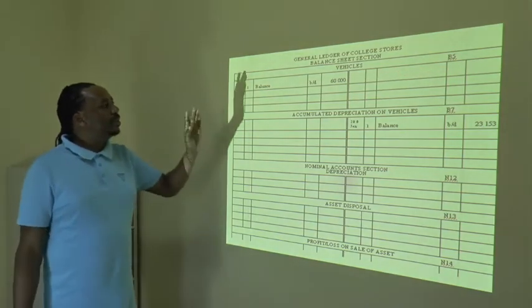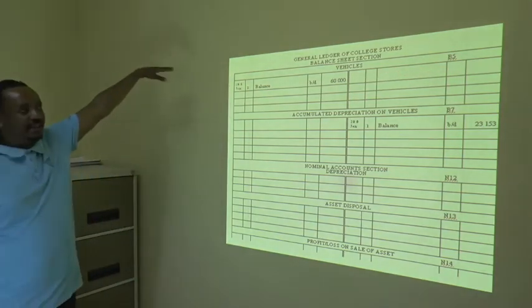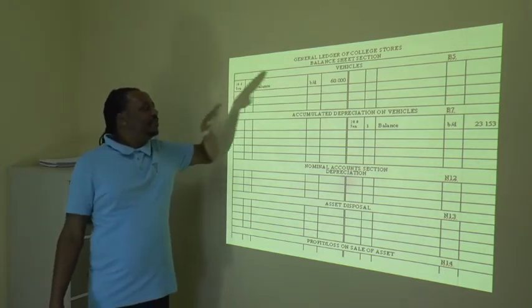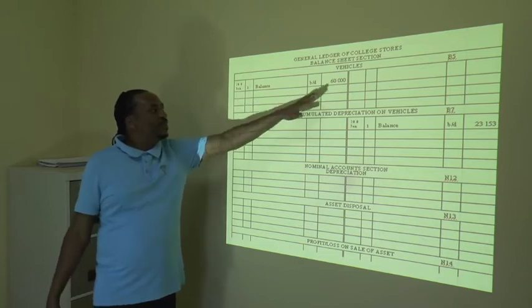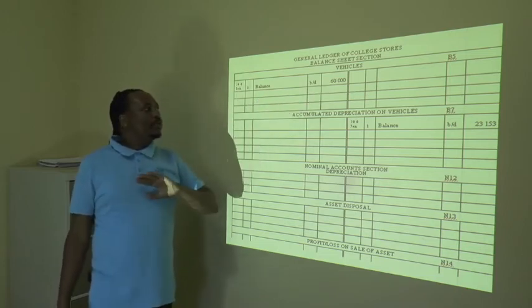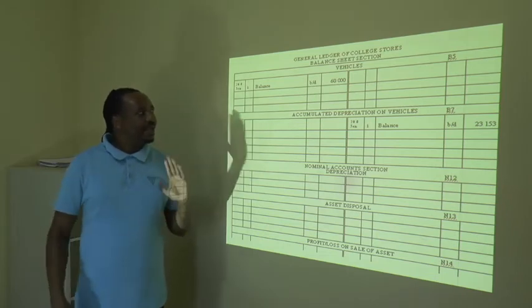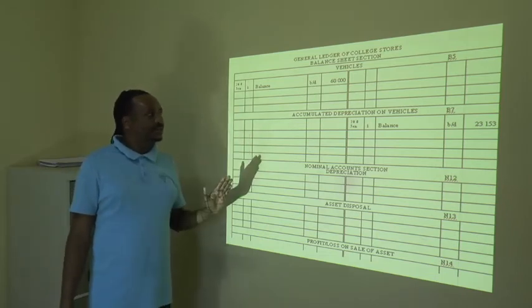I will start with the first two accounts that are affected. Let's say the vehicle. This is a vehicle account. We have an opening balance of 60,000, which means when we opened, we had 60,000 value of assets, which are vehicles.